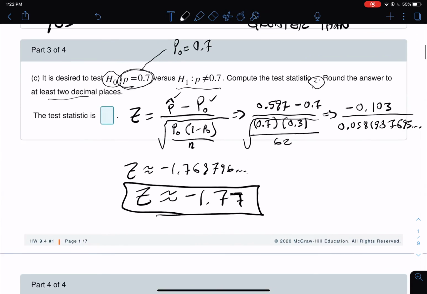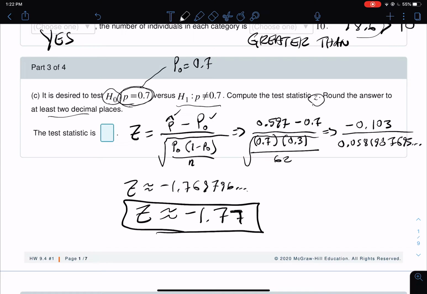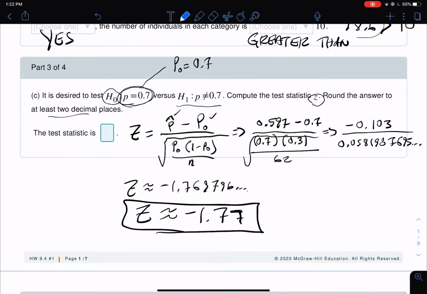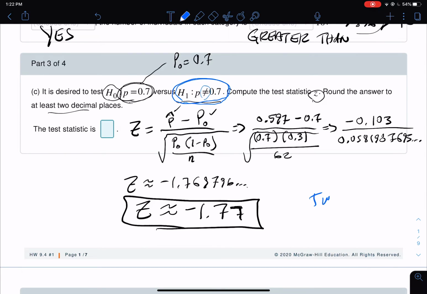So now we go back here. How do we figure out what type of test we're going to do? We always look at the alternate hypothesis. When you see this symbol not equal to, we know that that's going to be a two-tailed test.